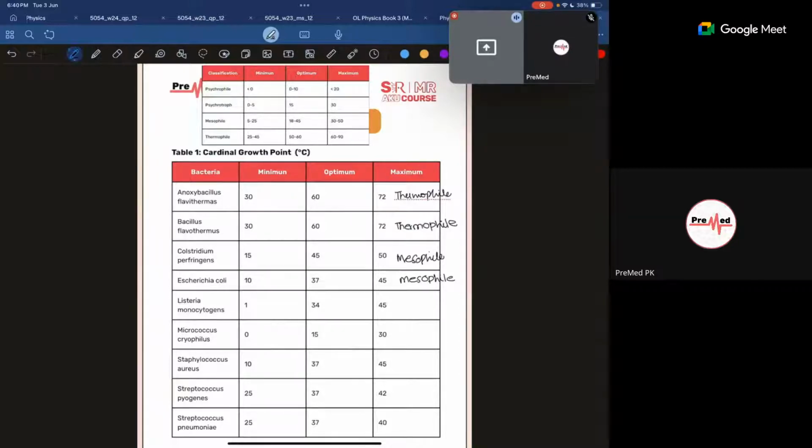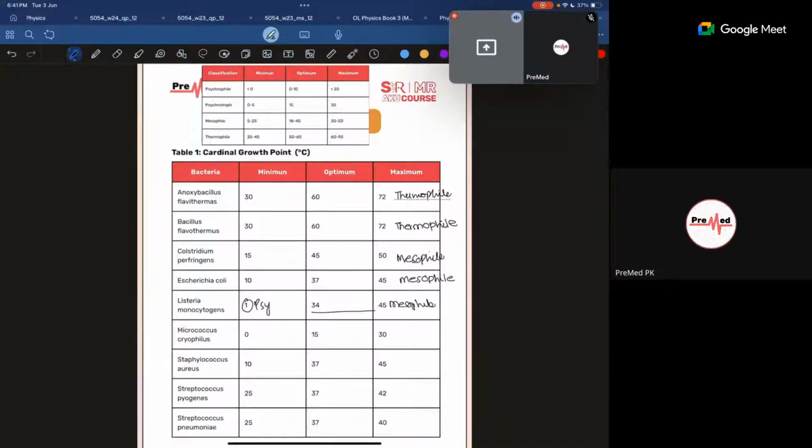The fifth bacteria has a minimum temperature of 1 degree Celsius, which fits in the psychrotroph category. Optimum of 34, which fits into the mesophile category, and a maximum of 45, that is again fitting into the mesophile category. This one was the psychrotroph. These two were mesophiles.